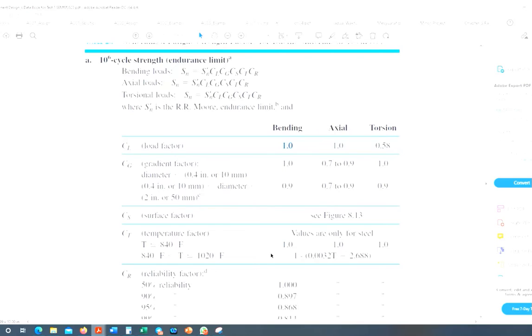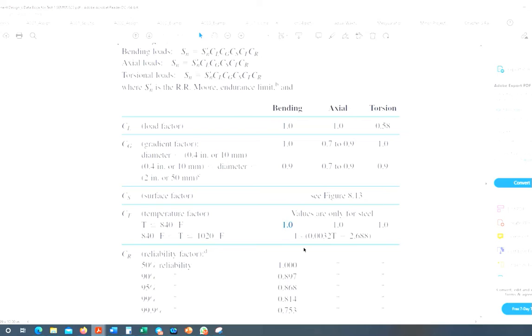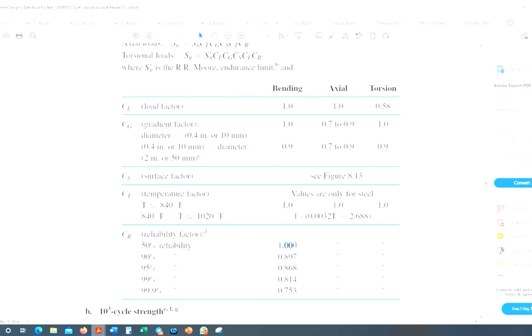Temperature factor doesn't state anything, so take 1. Reliability doesn't mention anything, so just take 1. Else if the question mentioned a reliability factor of 95%, you have to take that value. Otherwise, just take 1.